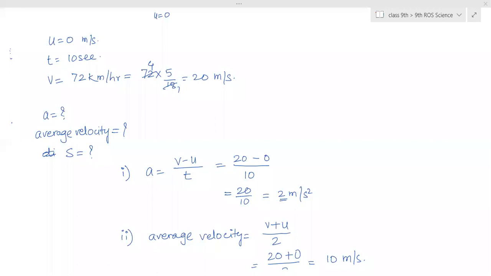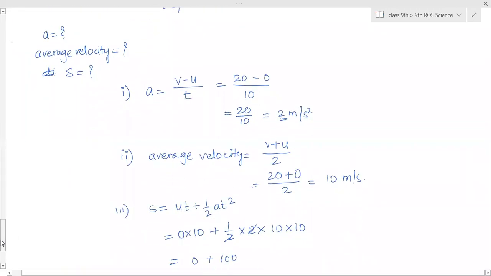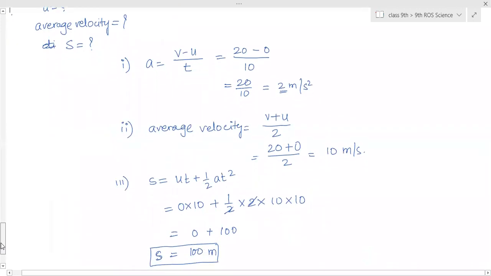Can you scroll down? Could you scroll up?